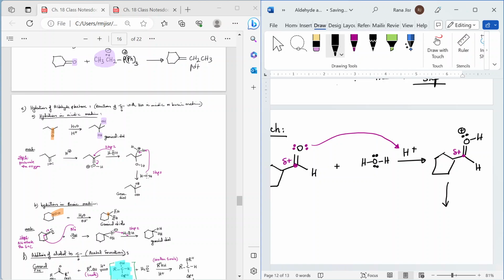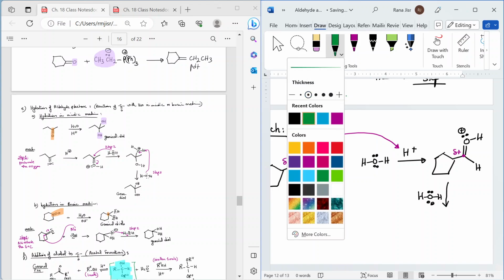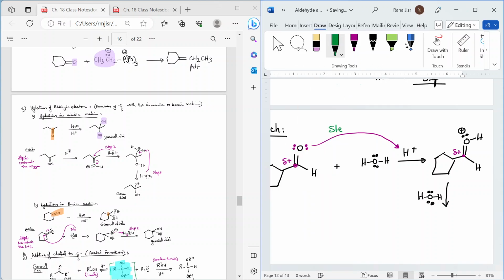So we're going to continue over here in the next step of the reaction, and we are going to add the water now. Okay, so let's label the steps though. Step 1 is the protonation, and then step 2 is going to be the neutral nucleophile attack.